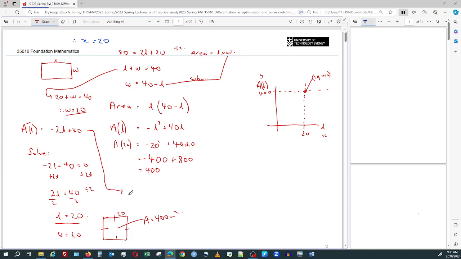Okay, so A double dash of L is equal to minus 2. So what we can see is that that is a big minus, which means it's upside down. And we know that anyway because we saw the original quadratic.